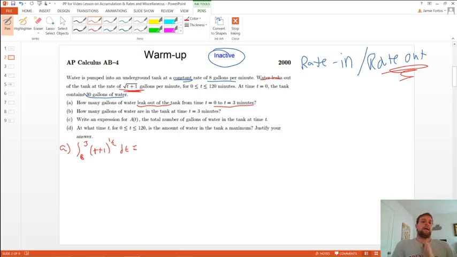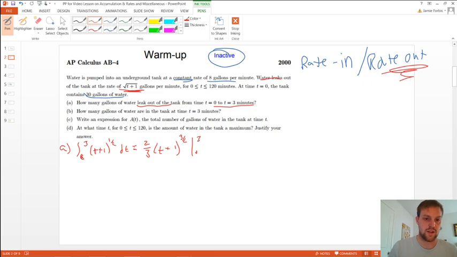Now we can do u-substitution to integrate this, but u is going to be t plus 1. It's not really going to affect anything, so we'll just do the power rule here. So that'll be plus 1, the power is 3/2, divide by 3/2 which is multiply by 2/3, so we're doing 2/3 (t plus 1) to the 3/2 from 0 to 3.